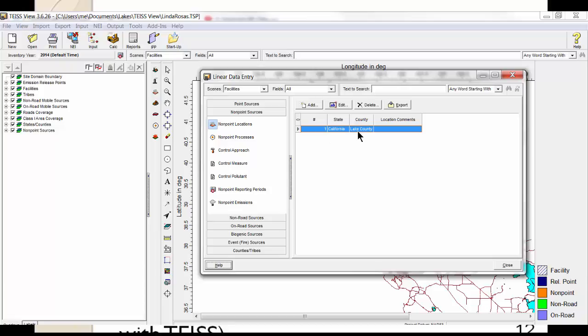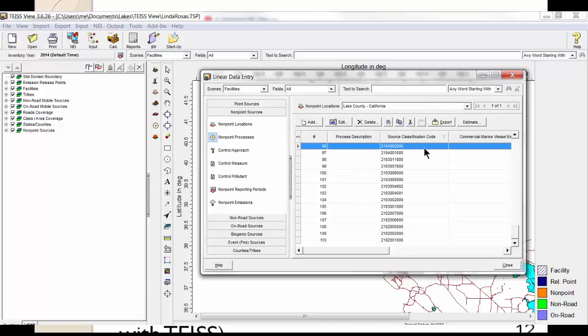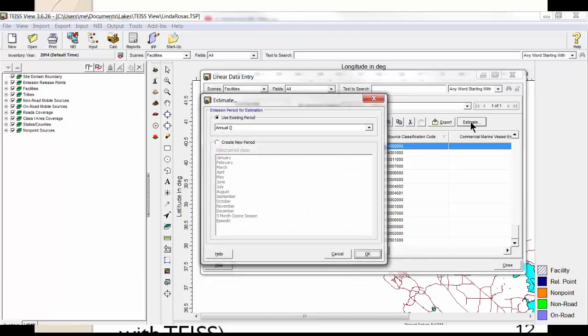And if you're looking at data from the NEI, then the area of the non-point source, the location of the non-point source, would be perhaps a county, for example. The process is very critical because usually the process leads to the source classification code, which leads to the estimator, the choice of what is used for the emission factor, and the calculations often is determined by the process.